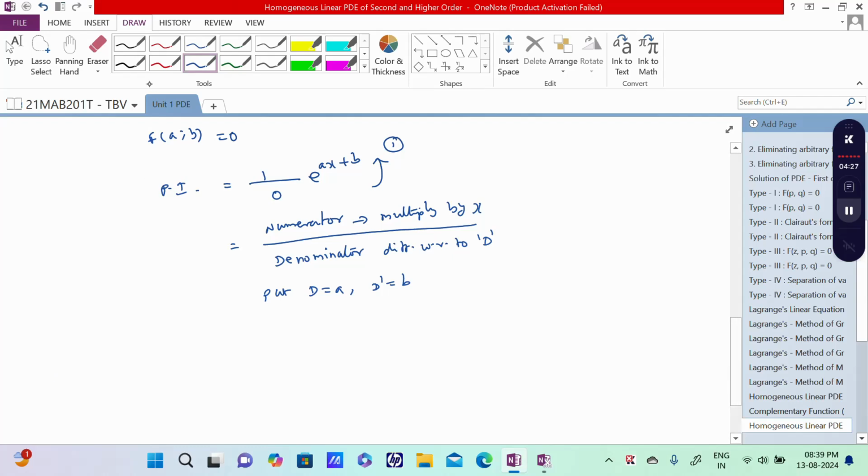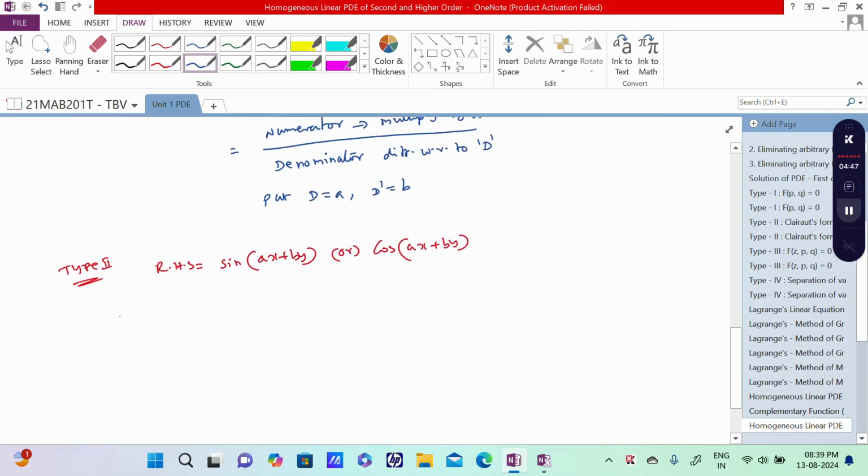And then type 2. The type 2 right hand side is sin ax plus by or cos ax plus by. This is our type 2.